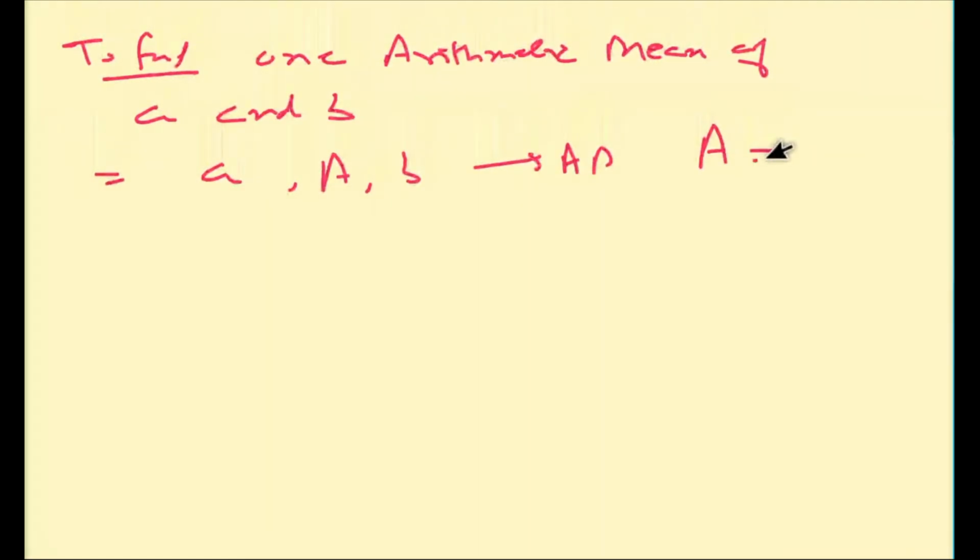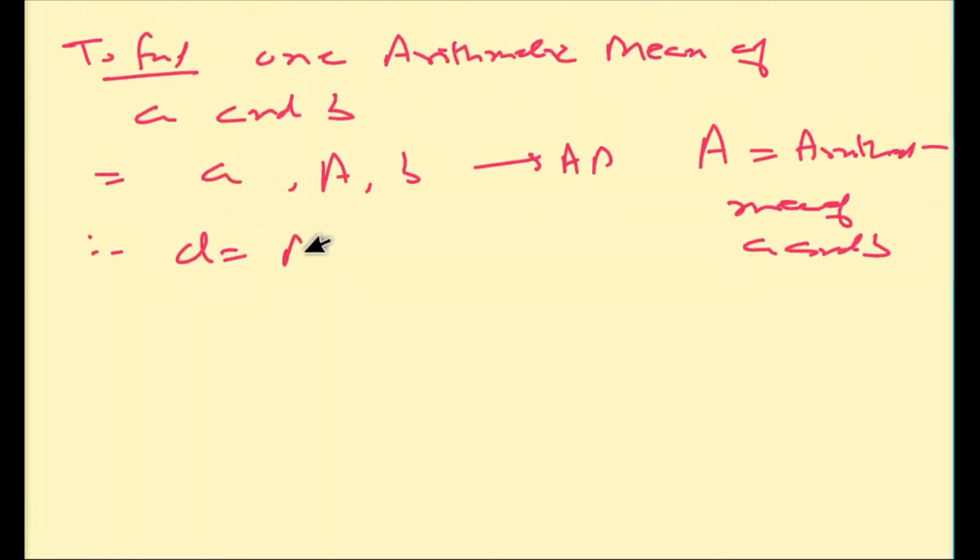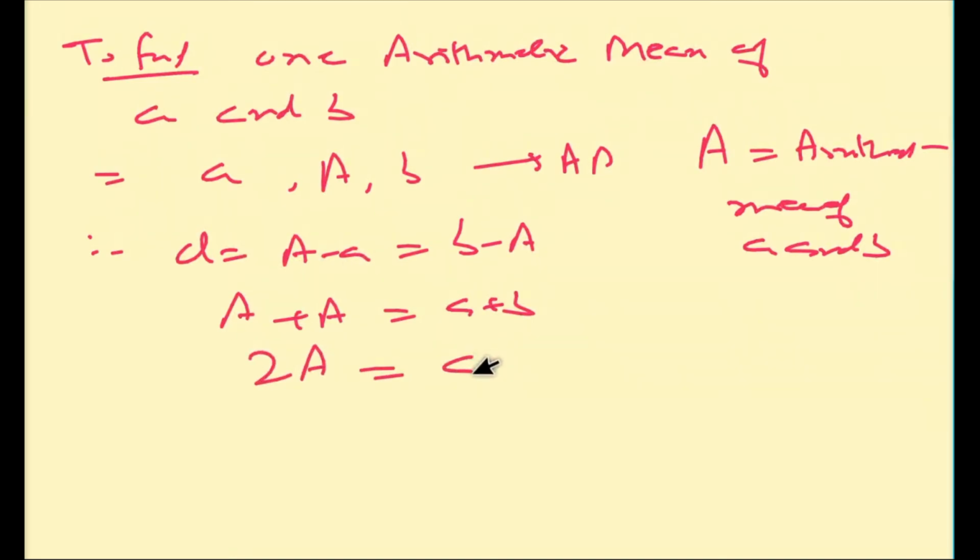Here capital A is the arithmetic mean of a and b. So we know that the common difference gives A minus a equal to b minus A. So we can write A plus A equal to a plus b. Taking A to this side, we can say 2A equal to a plus b.